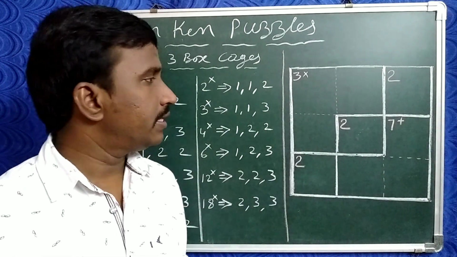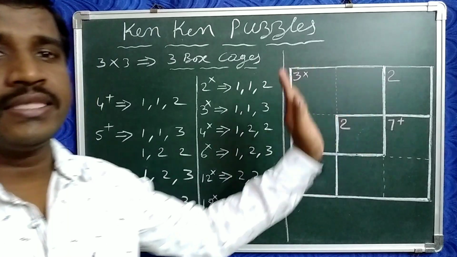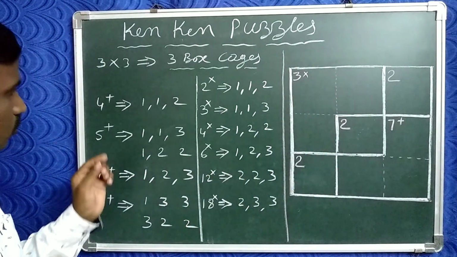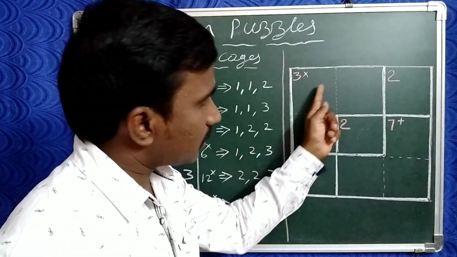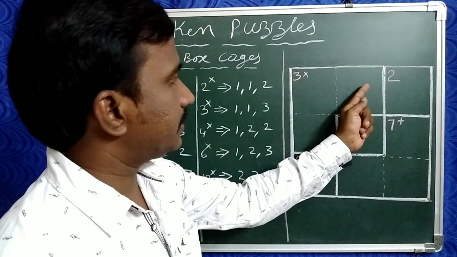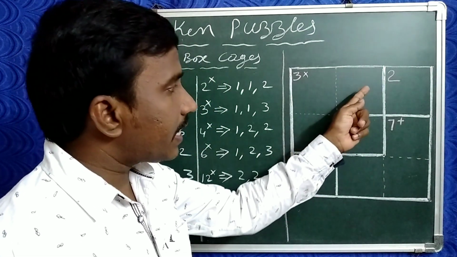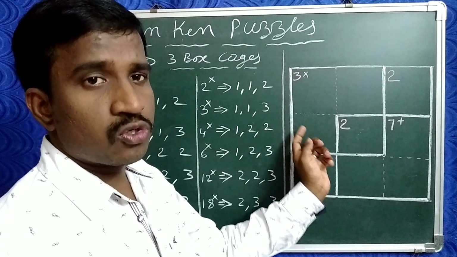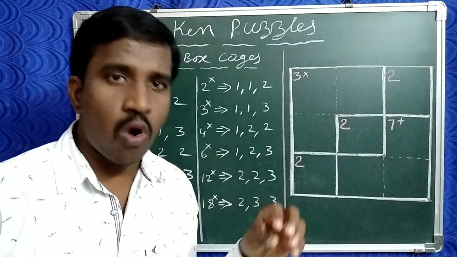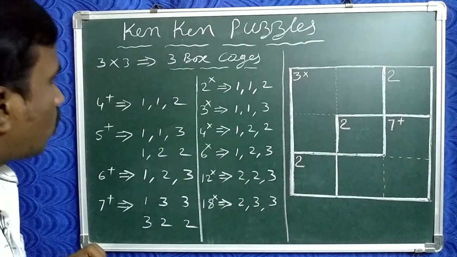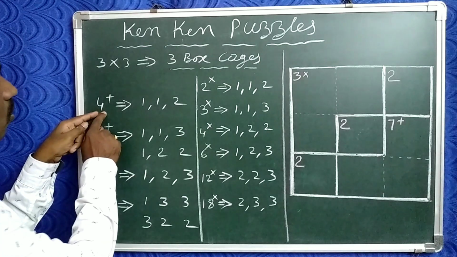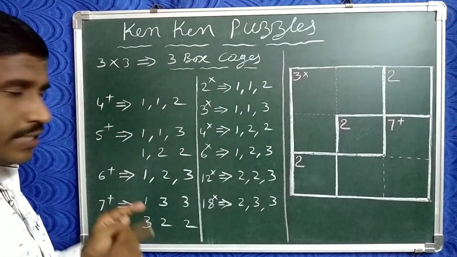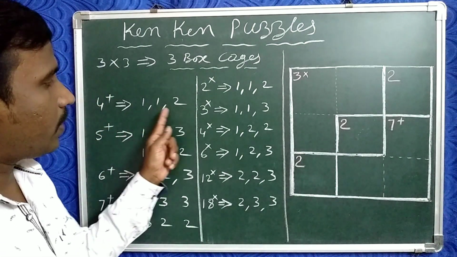Friends, it is a 3x3 KenKen puzzle. In this puzzle, suppose 3 boxes are there in a cage. If 3 boxes are given, what are the possibilities? First one is 4 plus. 4 plus means 1 plus 1 plus 2.